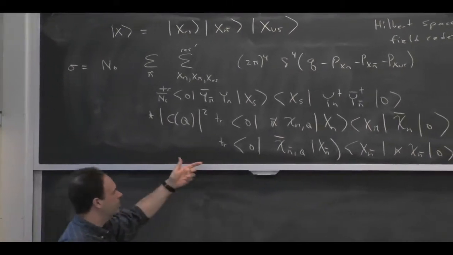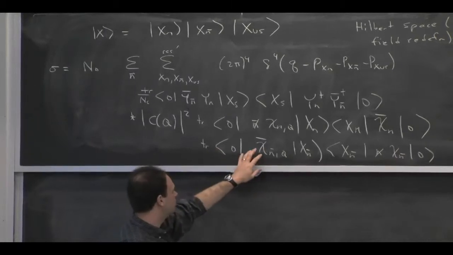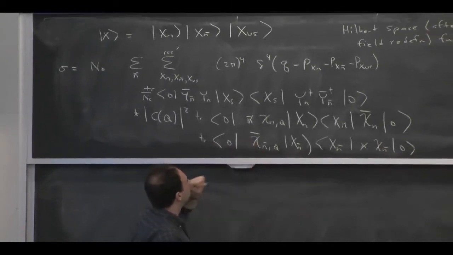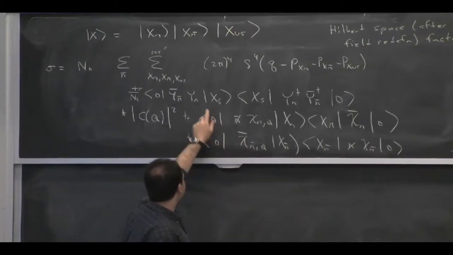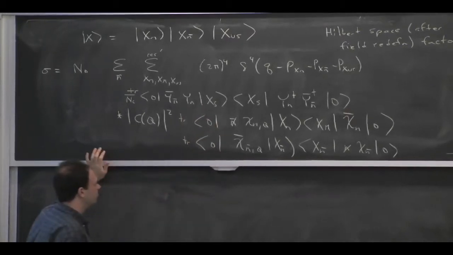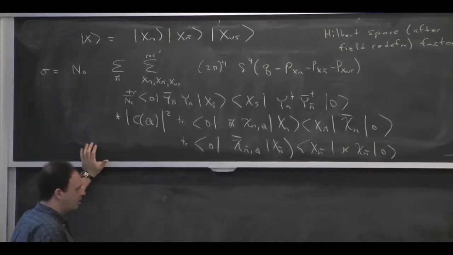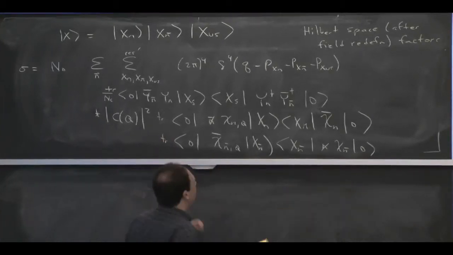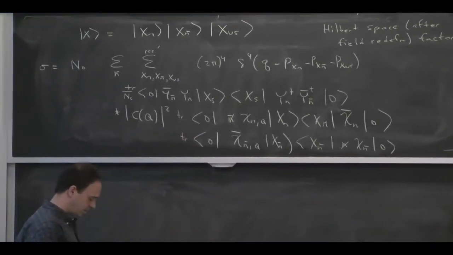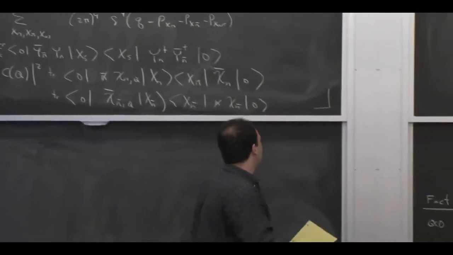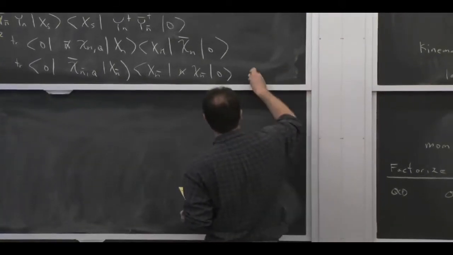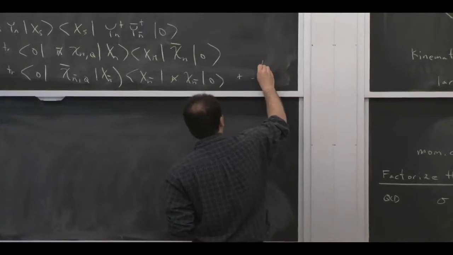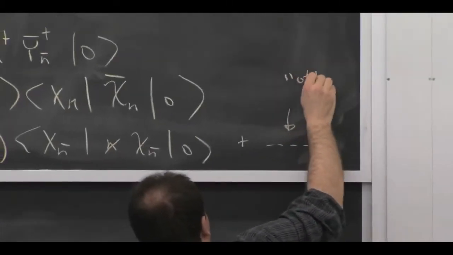When you deal with the color fields, you could get things like a T^A in here, but then there are ways of getting rid of those terms related to the fact that you have to argue that certain things are color singlets, but I'm not going to go through that. So there are terms that we're dropping here, and those are the other power corrections.